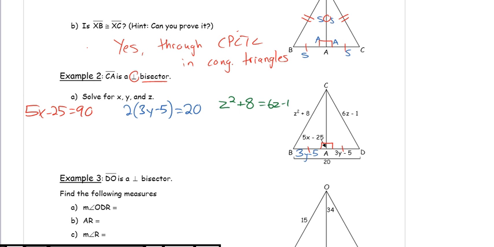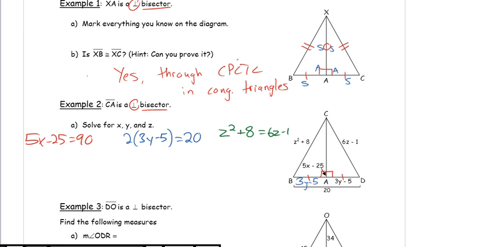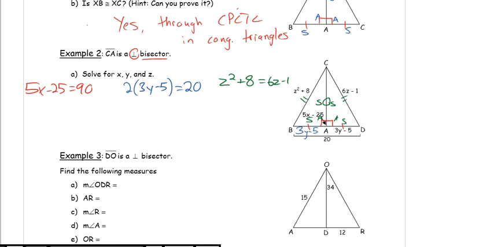It's not marked, but again, if we look at that example above, if we know that these are congruent triangles, which we do, because it's a perpendicular bisector, we have side, angle, side, we know that these have to be congruent to each other. So that would be our last thing, and then again, we'd get that into our factoring form and solve for z. Make sure you can use both z's, one z, decide what you guys need for those. So solve for x, y, and z, make sure you have those done for tomorrow.